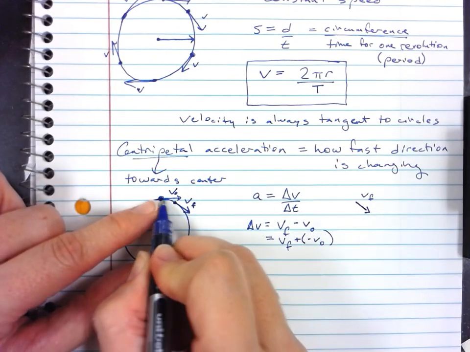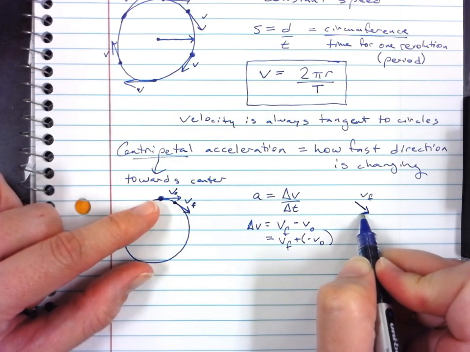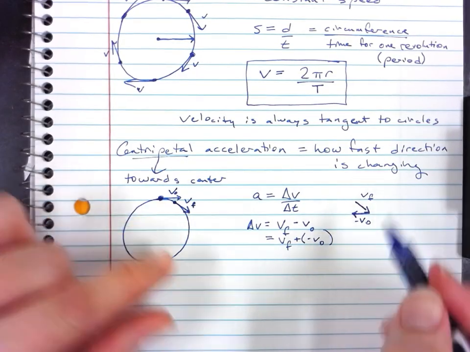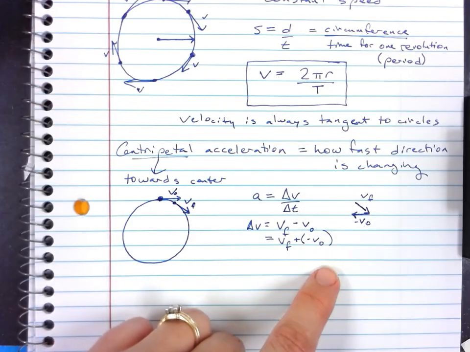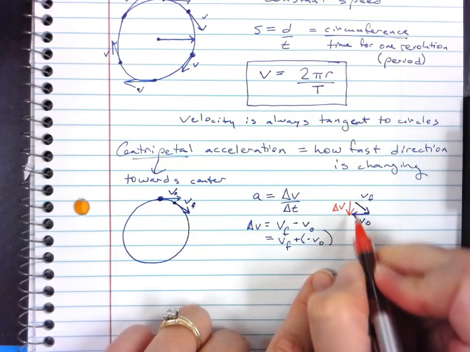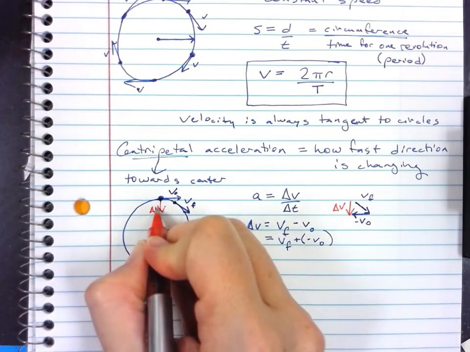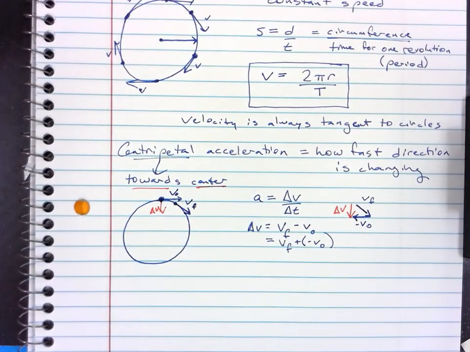So my V0 points directly to the right. I'm going to add to this pointing directly to the left, because then I'm adding the opposite direction, so I am subtracting here. And notice my shortcut, my change in velocity points straight down. So if I transfer that back to this circle, there's my change in velocity. It is towards the center.